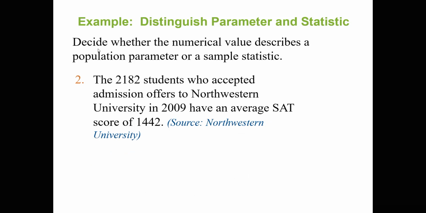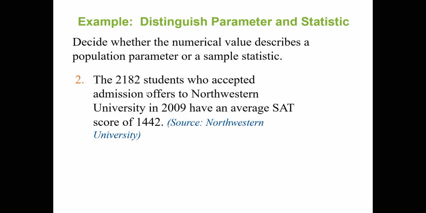Now the next one says the 2,182 students who accepted admission offers to Northwestern University in 2009 have an average SAT score of 1442. So here you are looking at all the students who accepted admission offers, all of them, not a subset of them.